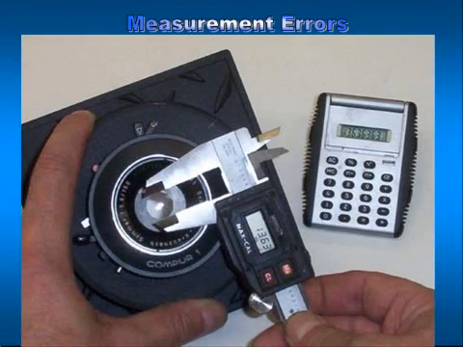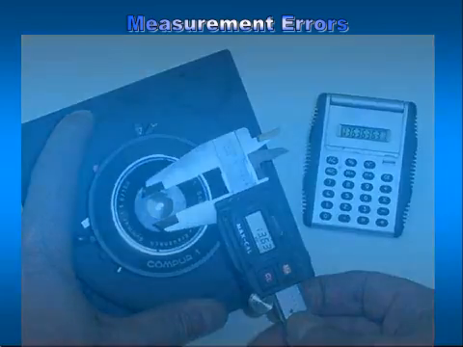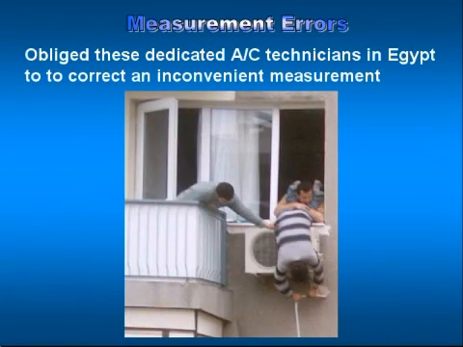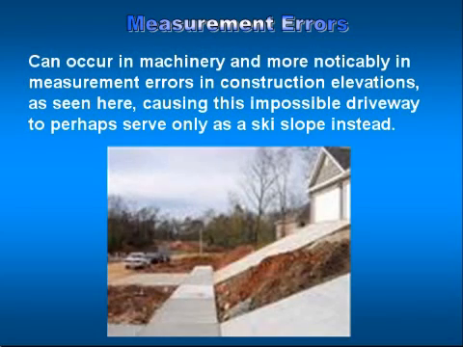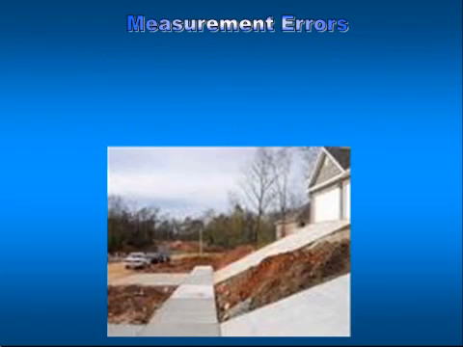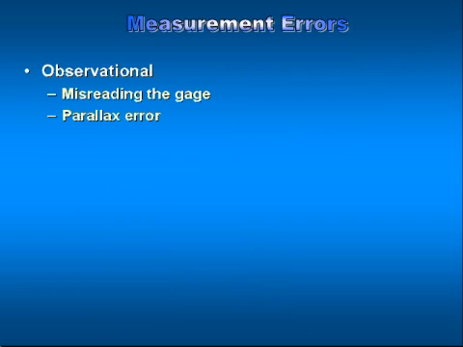Continuing along the line of accuracy and calibration is measurement errors. Some measurement errors are observational, manipulative, and bias. Some examples of observational errors are misreading the gauge and parallax errors.